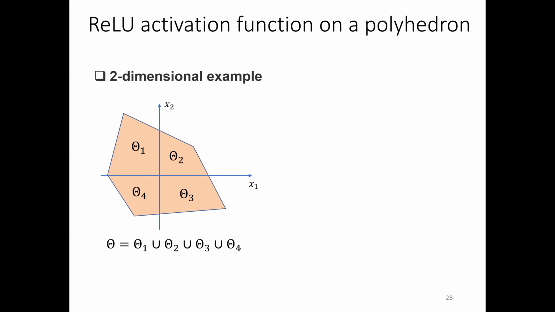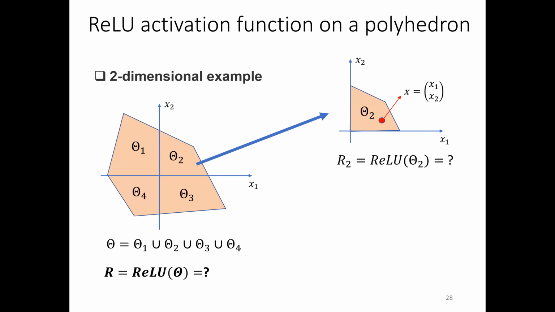And then our input set is gonna be the union of these 4 regions, right? And the question here is how we compute the reachable set when we apply the ReLU operation on this polygon. Okay, so now we decompose this into 4 regions, and then we're gonna apply the ReLU operation on each region.